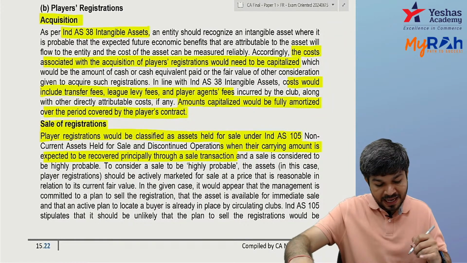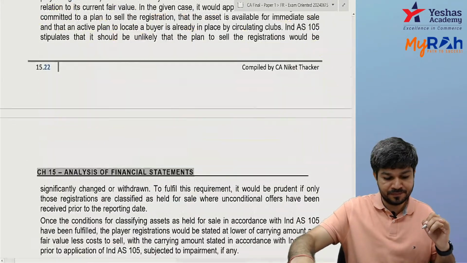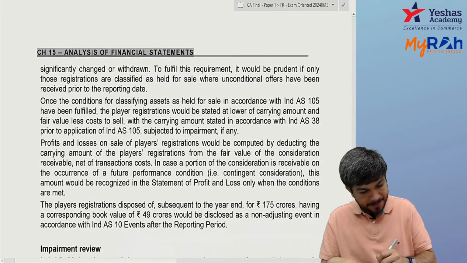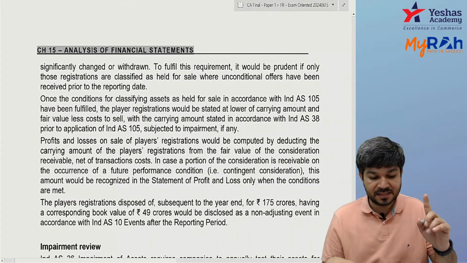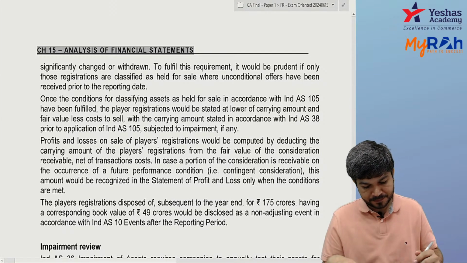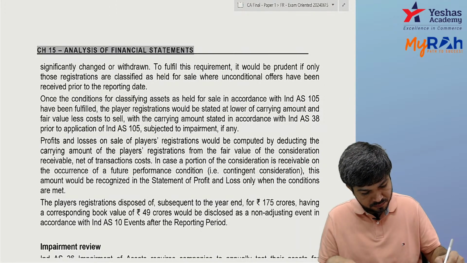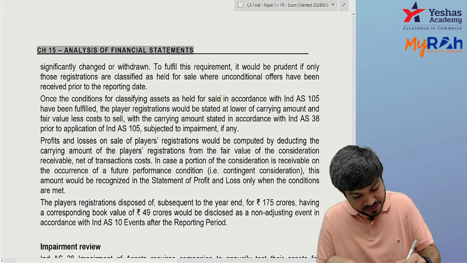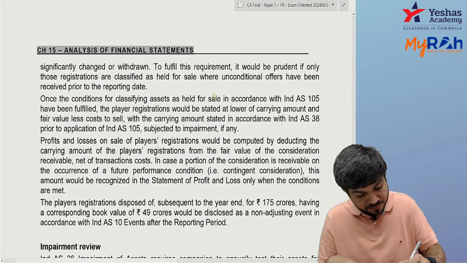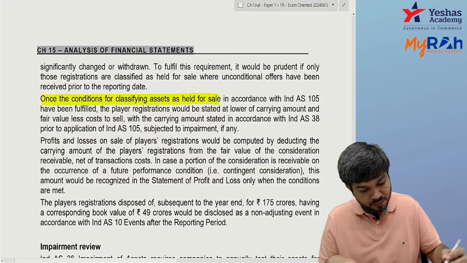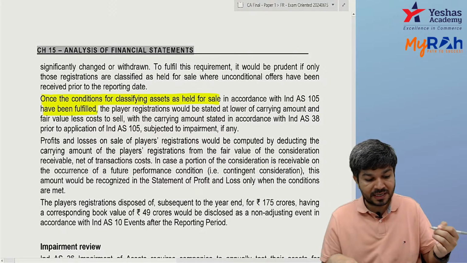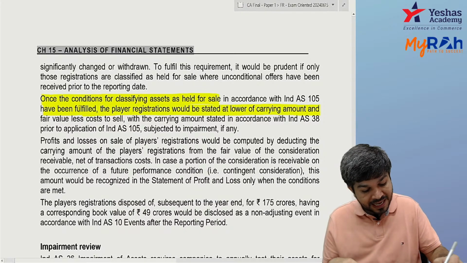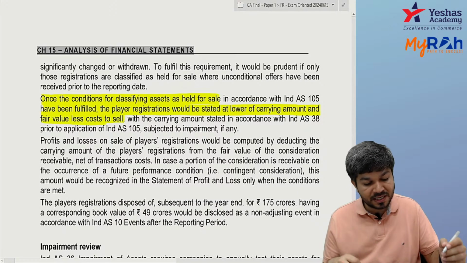So you need to apply Ind AS 105 at that time, if it's classified as held for sale. Once the criteria for held for sale are fulfilled, you will show it at the lower of carrying amount and fair value less cost to sell.